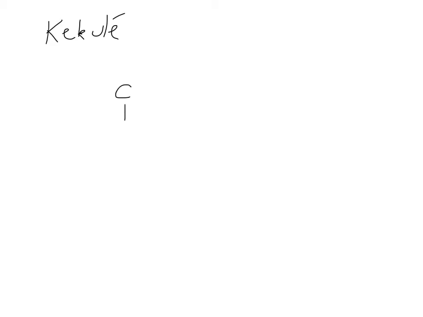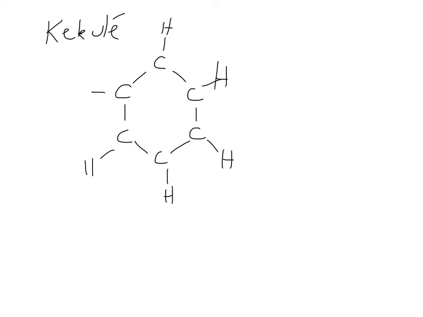But what he proposed was a structure that looked like this. But the problem still is those double bonds. That's an area of unsaturation.